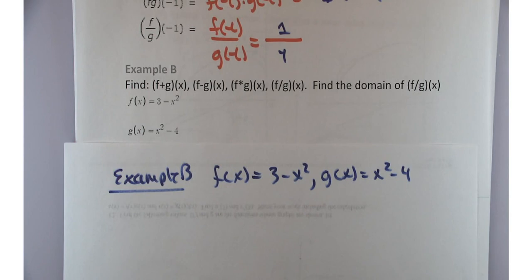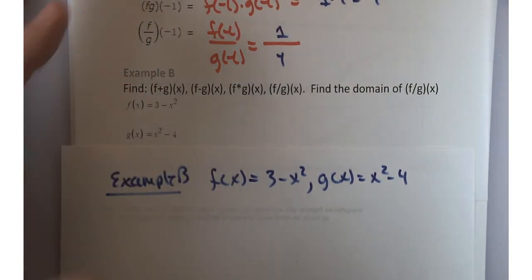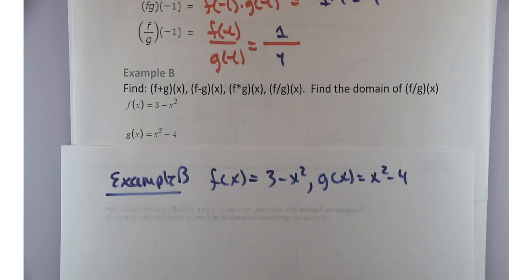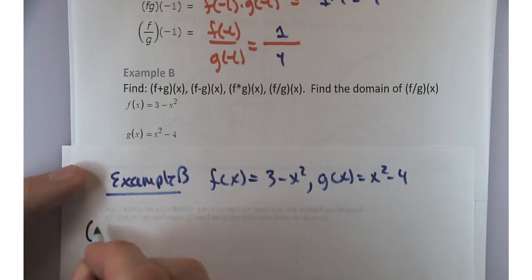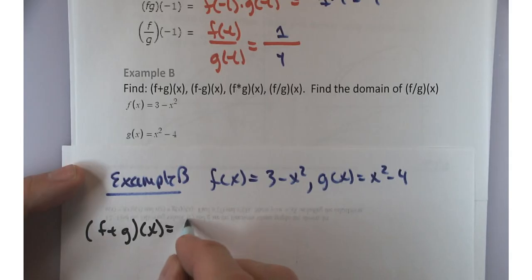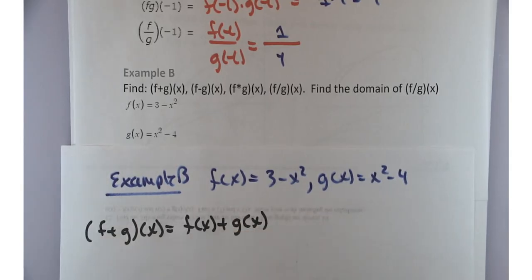This time we don't have actual numbers that we're going to calculate. It's just combining these functions together. One of the first things they ask you for is f plus g of x. That really means f of x plus g of x. Now we don't have numbers to get this time. That's okay.